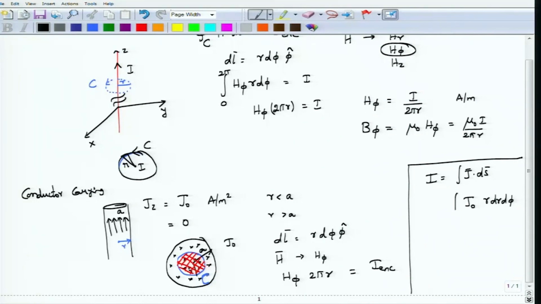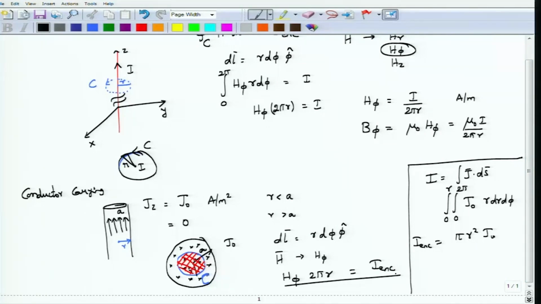So integrate this one over the two limits, r will be from 0 to r itself and phi will be from 0 to 2 pi, and you can show that when you evaluate this particular current, this would be equal to pi r square, which is the area of this particular hatched area, times J0. This would be the total current that is enclosed if your contour is inside here.